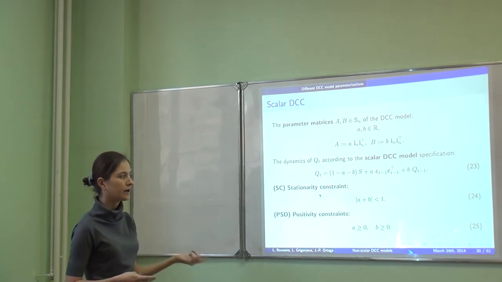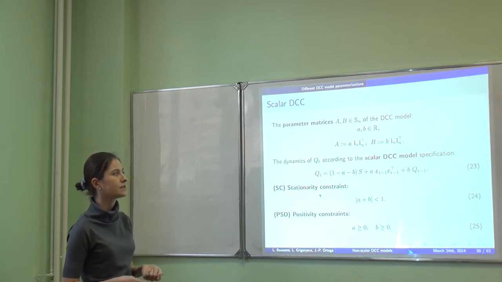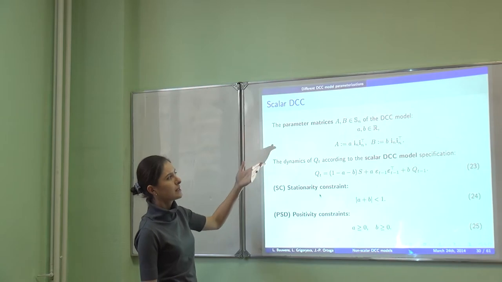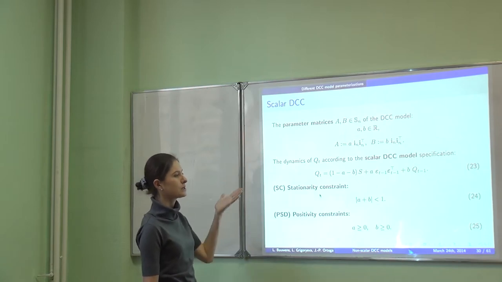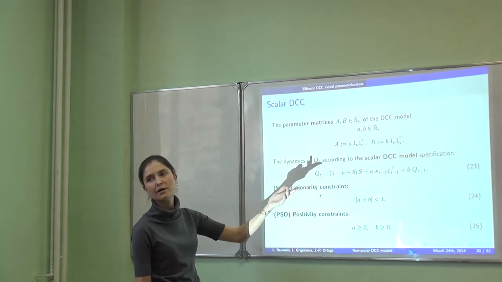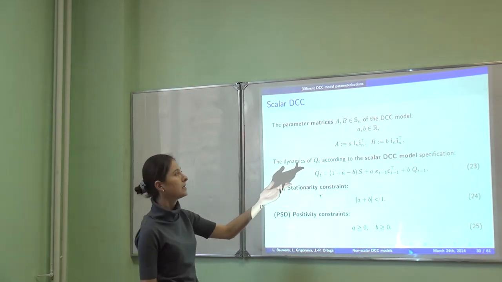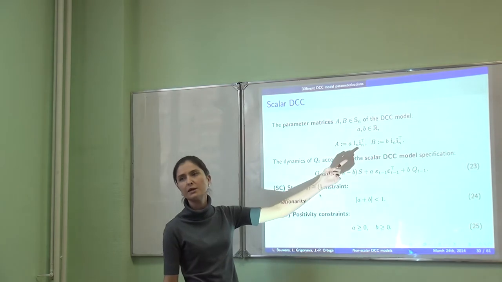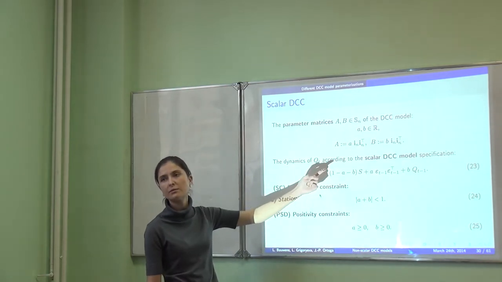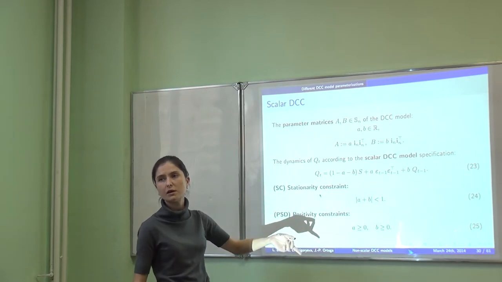That's why the title of the talk is non-scalar models. Now, the simplest possible assumption we can make on our parameter matrices is that we have just two scalars, a and b, and our parameter matrices are just obtained as one scalar multiplied by the matrix full of ones, right?